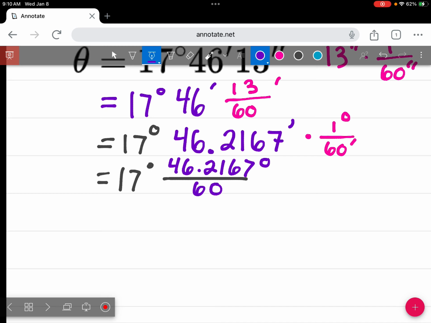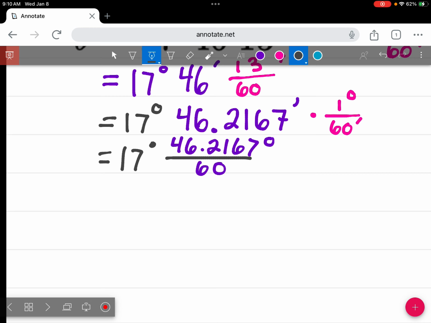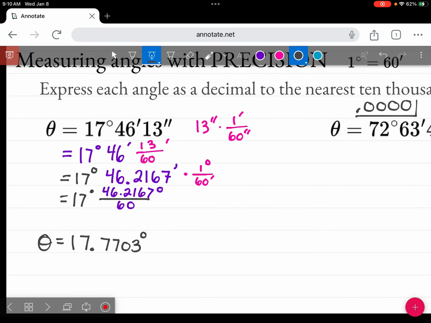So it's still going to give us a decimal again. It's just going to be kind of icky. So as a degree, what is this going to be? 17 point what? 17.7703, 4 decimal places, degrees. And that's our theta. So it's going the opposite direction.